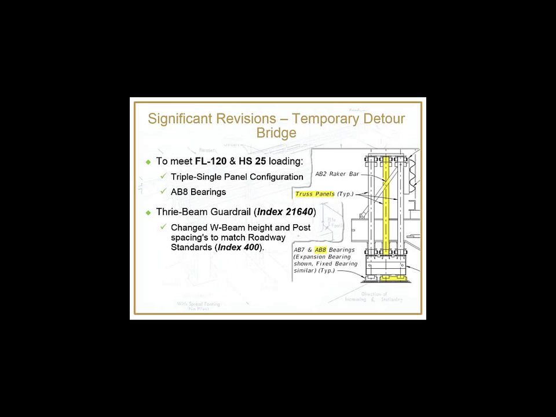For our Acrow bridge, a temporary detour bridge, we're actually going to a triple truss now as our standard recommended configuration. This will allow us to avoid having to post for permit vehicles.